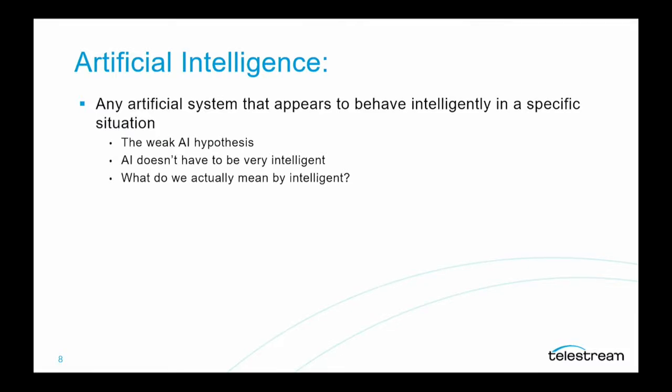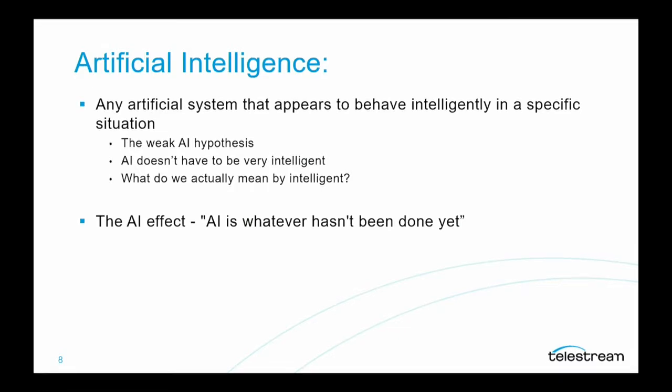Another interesting nugget that I came across as I was looking at this in the last few weeks is you talk to people who work in AI, and they have this definition of AI, which is anything that we haven't done yet. Because as soon as I have a technology that was AI because it was challenging, like OCR, now OCR is ubiquitous, right? And nobody calls that an AI problem anymore. It's just a technology.